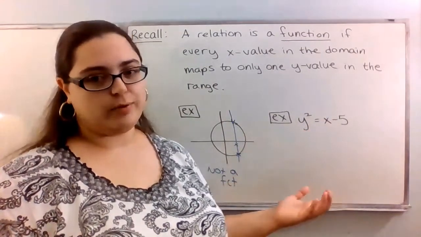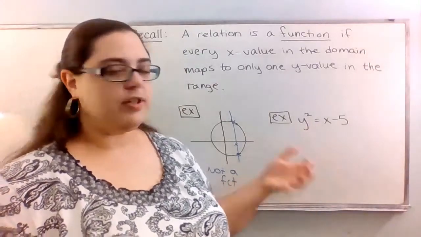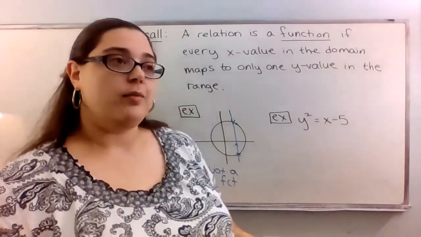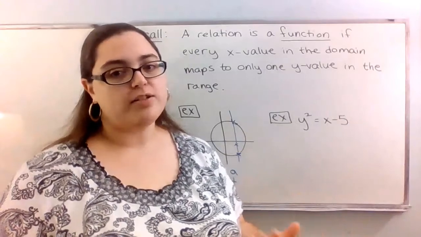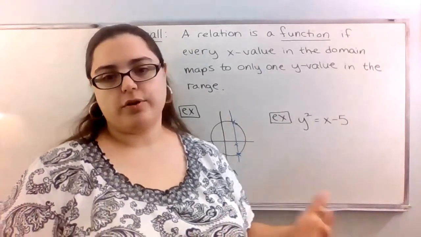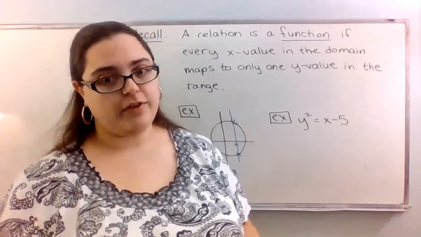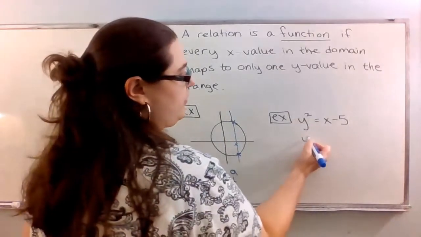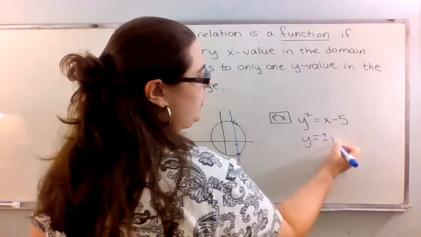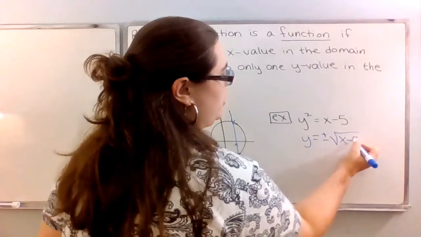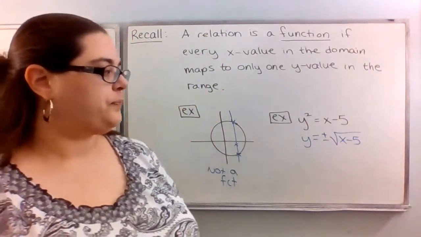But whenever you take a square root to solve for y, you need to include the plus or minus, because, for example, if y is 25, its square root could be positive 5 or negative 5. So I can solve here for y and get plus or minus the square root of x minus 5.